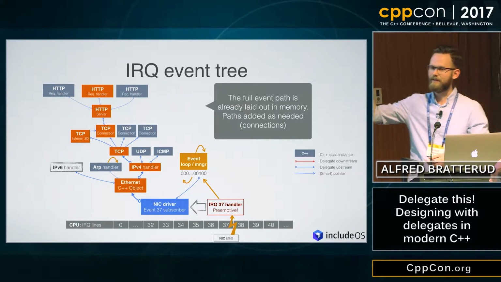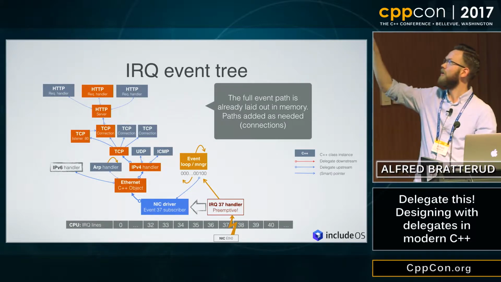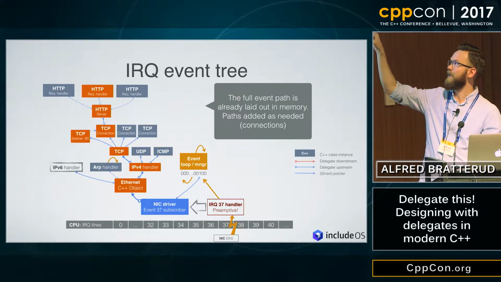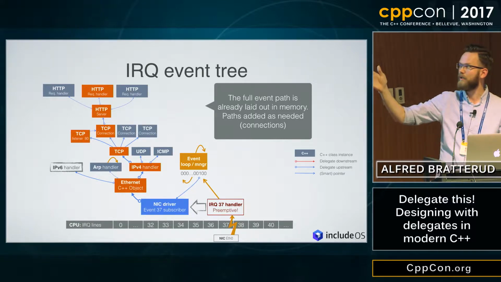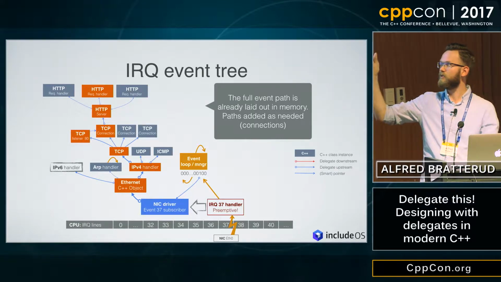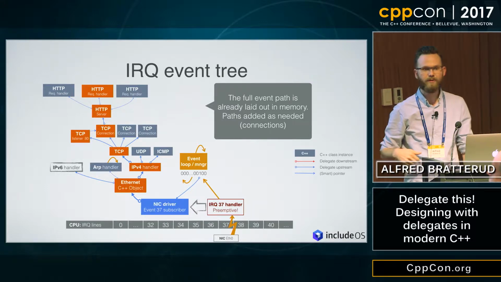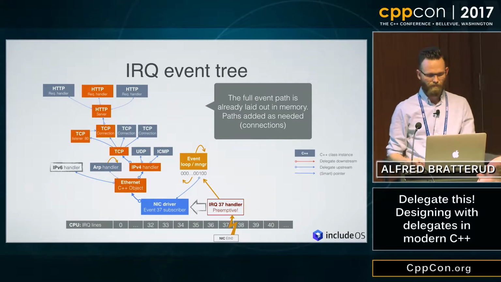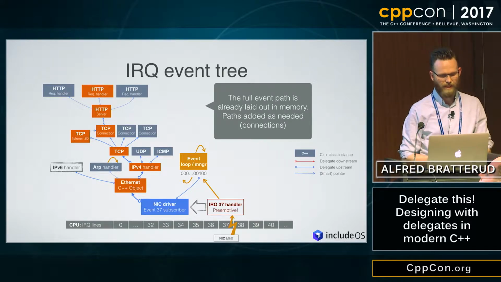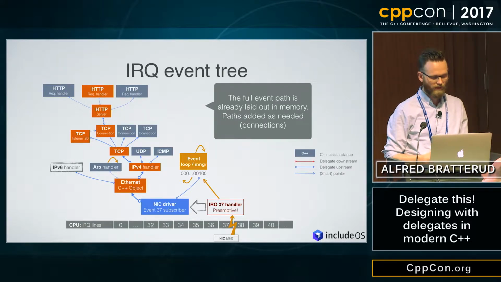call a delegate. And you see these blue lines with the rings at the end. I'm using those to represent delegates. So the event manager knows that the interrupt has happened, and it calls a delegate to the driver that's subscribed to that particular event. The network driver has a delegate pointing to the Ethernet object.